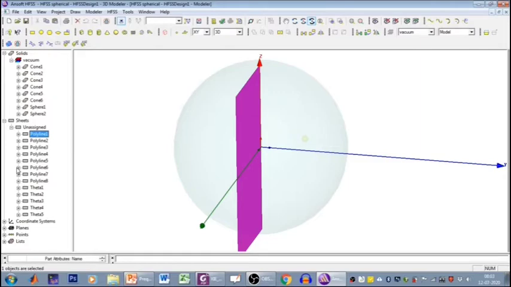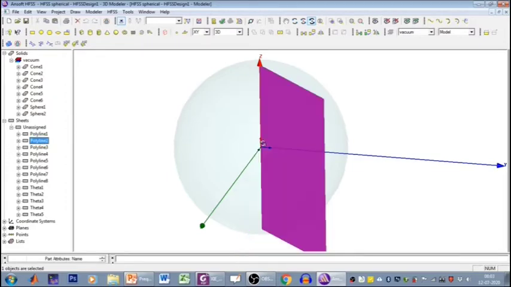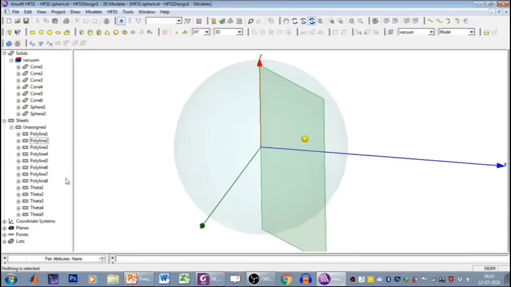So for the point that you are seeing, the point is on the surface of the sphere, at a distance equal to the radius of the sphere, and it is also on the phi constant plane. So right now I have information about r and phi.